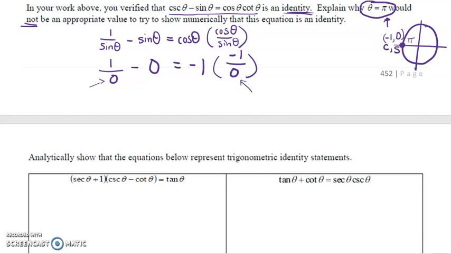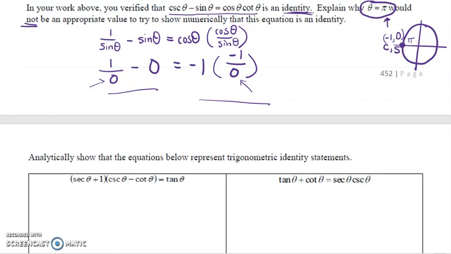You can choose anything you want, but realize that some radian values, when you do try to test them, might not actually help you verify that the left and the right are the same. And this is a good example because we cannot go any further on the left or the right because of these undefined values. We cannot divide by 0.